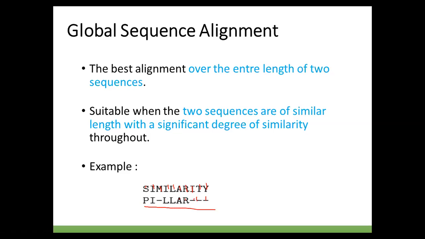The length is 10, so you have to consider 10 here by applying 4 gaps. That's what we mean by the entire length being aligned. You should have the same number of positions in the second sequence as well by putting gaps. This is suitable when the sequences are of similar length, because then you may not want to put many gaps here.